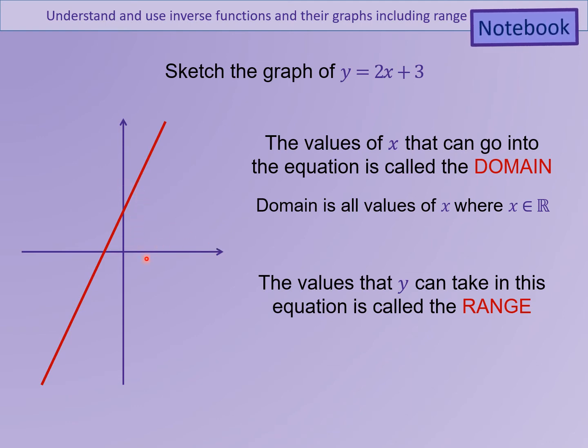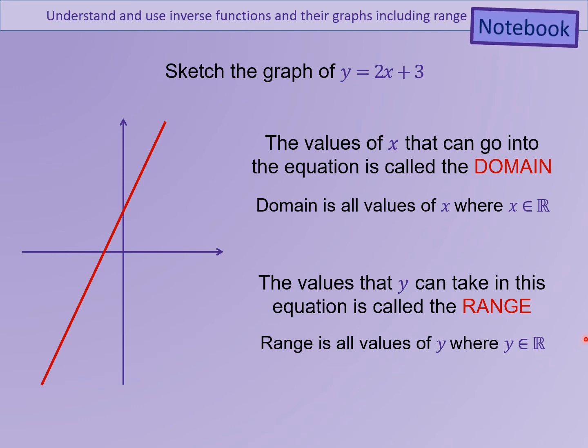It doesn't matter what numbers you can think of along this line, you can definitely get an answer that goes to it. It doesn't matter where it is, it's always going to have an answer somewhere. So in this case, the range is every single value you can think of, where y belongs to the real numbers.